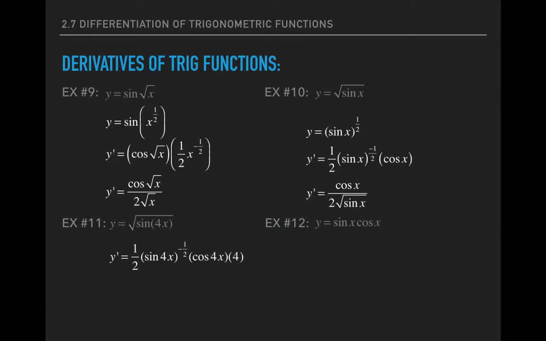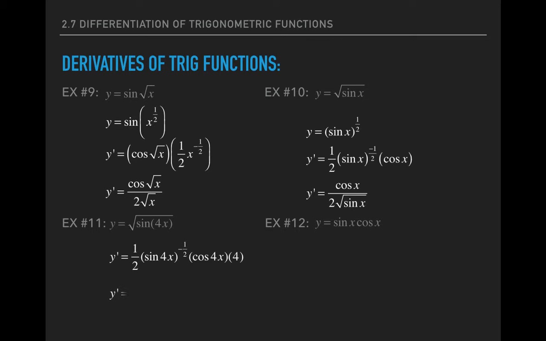So when you take the derivative of that, it would be 1/2 sine 4x, and then you decrease your power by 1, so it'll be negative 1/2. Now, you're looking back up to your previous problems. The derivative of sine 4x is cosine 4x times 4, because you have to take the derivative of that inside function of 4x. 4x is the function inside of your sine function.